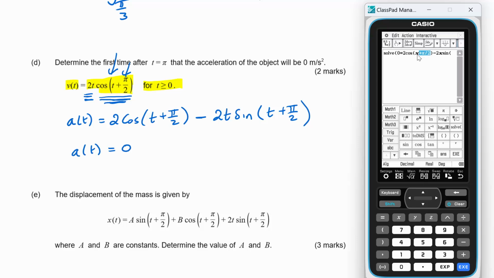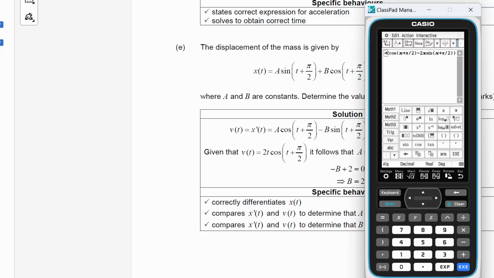I might just grab it from there and copy it over here and then close the bracket. And before you hit execute on that, just check we need to be in radians, and then we can execute.